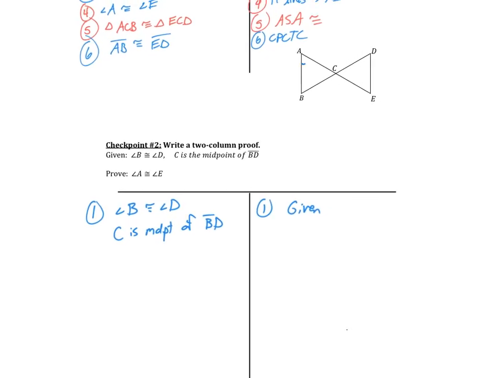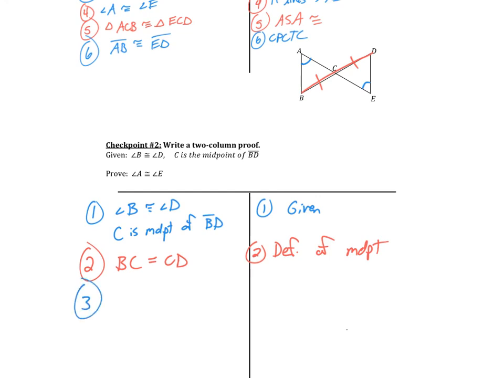So angle A congruent to angle E, and C is the midpoint. So if C is the midpoint of BD, here's BD and C is the midpoint, we can say that BC must equal CD because of definition of midpoint.